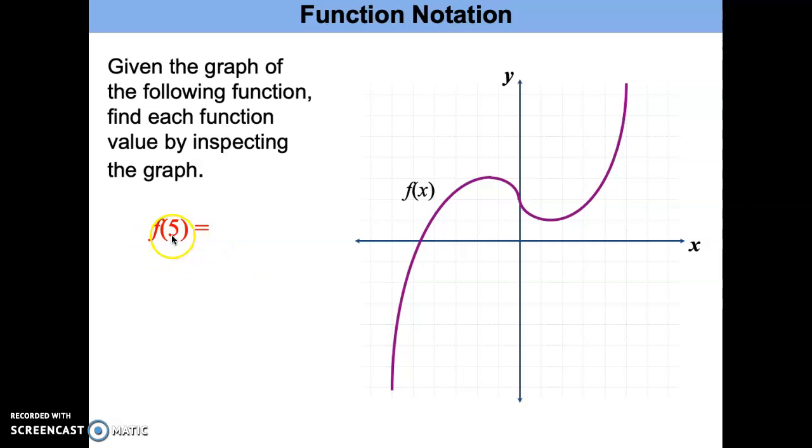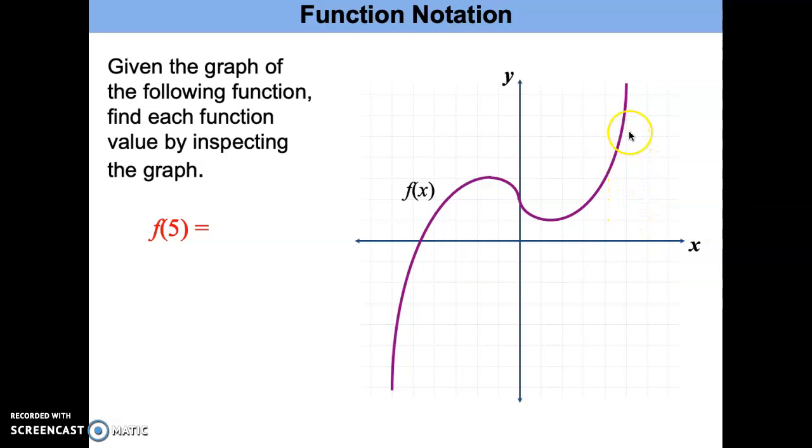Well, I don't have an equation, so how can I put 5 into an equation that I don't have? What is 5 even talking about? Well, that's our x value, right? 5 took the place of x. So when x equals 5 on the graph, let's look. 1, 2, 3, 4, 5. Where does it coincide with the graph?